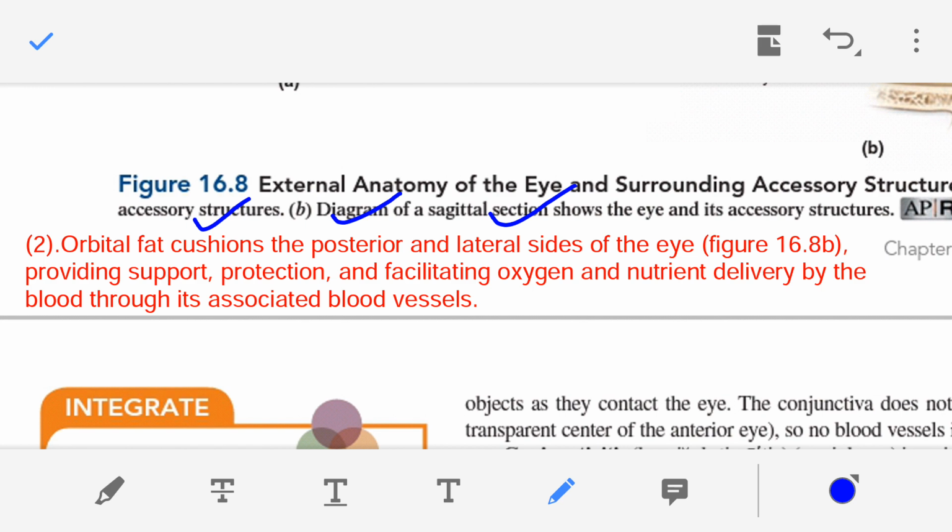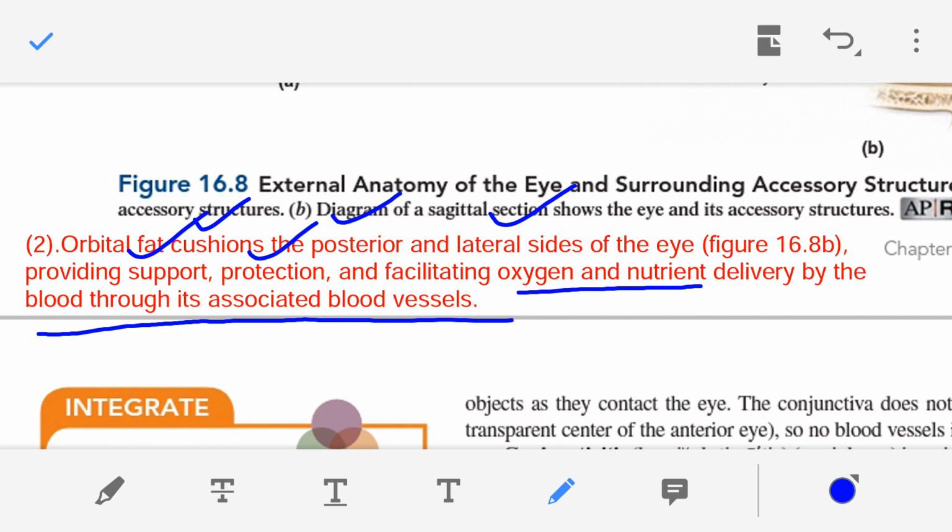Orbital fat provides support and protection to our eyeball, and this orbital fat also facilitates oxygen and nutrient delivery by the blood through its associated blood vessels. That means the blood vessels, artery or vein, pass through this orbital fat and reach various regions of the eyeball.